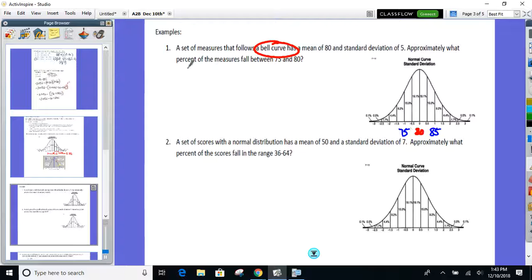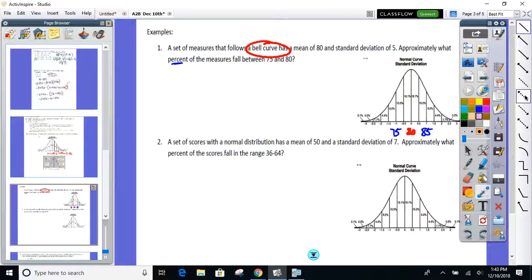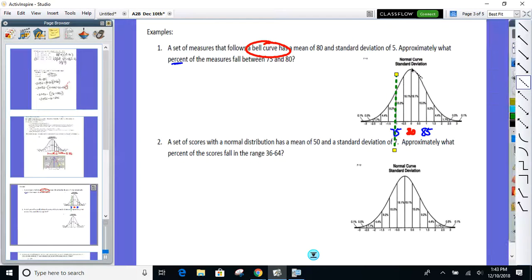What percent of students fall between 75 and 85? Oh, 80, sorry. 75 and 80. Everyone see where we put 75 and 80? The chart gives us the percents. So I'm going to add up the percents from 75 to 80.